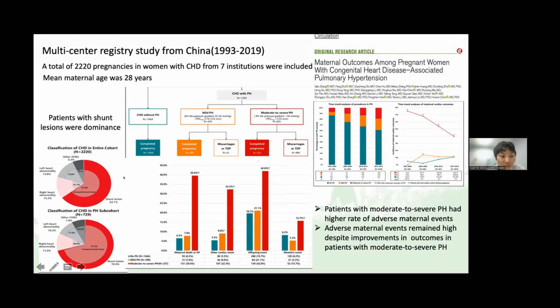And we could find most of the patients were with shunt lesions, and this study found the patients with moderate to severe PH had a higher rate of adverse maternal events, and adverse maternal events remained high despite the improvements in outcomes in the patients.